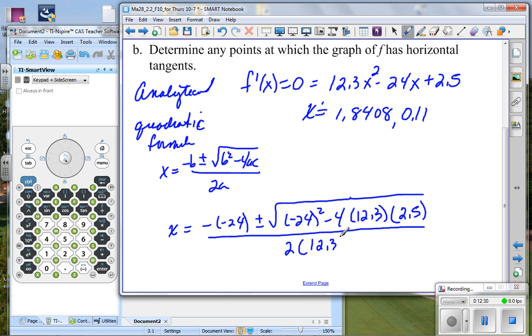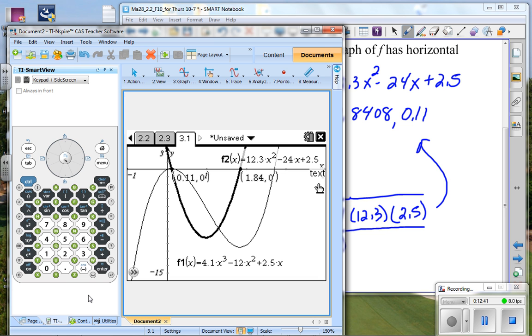Remember, this only works for quadratic polynomials. And so if you simplify that, you should have those answers come up, and we do verify them.